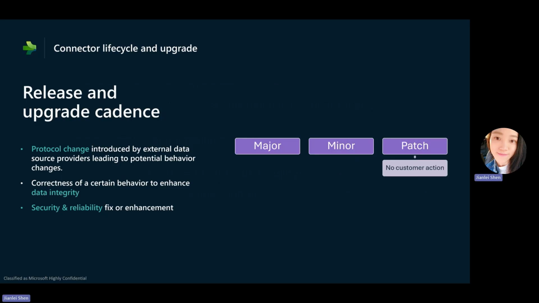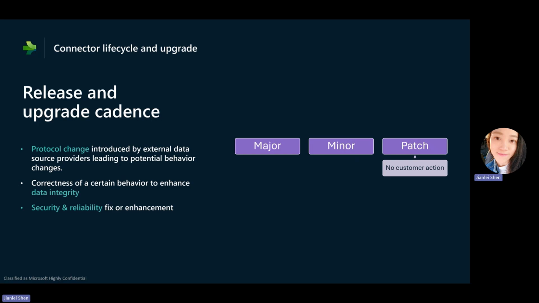With that, let me give you a deeper dive into the release and upgrade cadence. Basically, when we introduce different connector versions, we have major versions and minor versions. And of course, the service itself will have different patches based upon different needs, like security remediations or bug fixes.